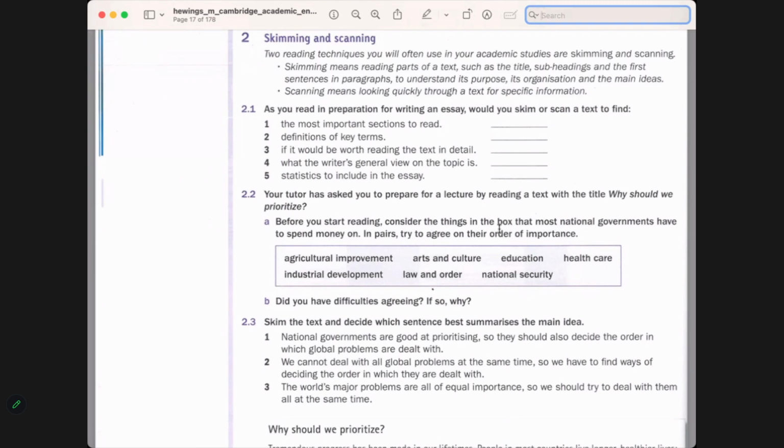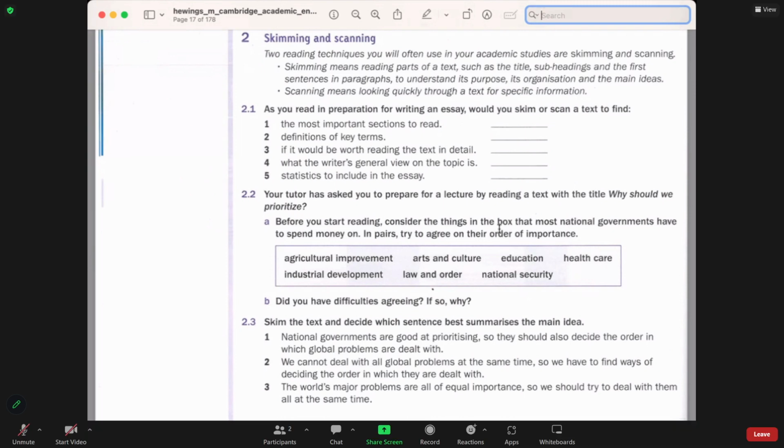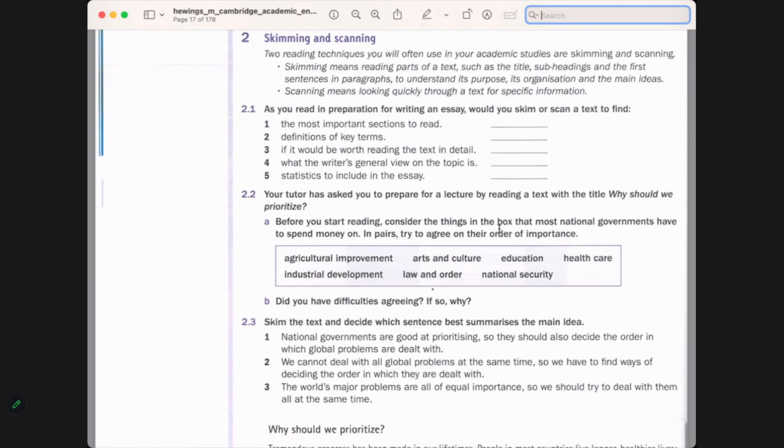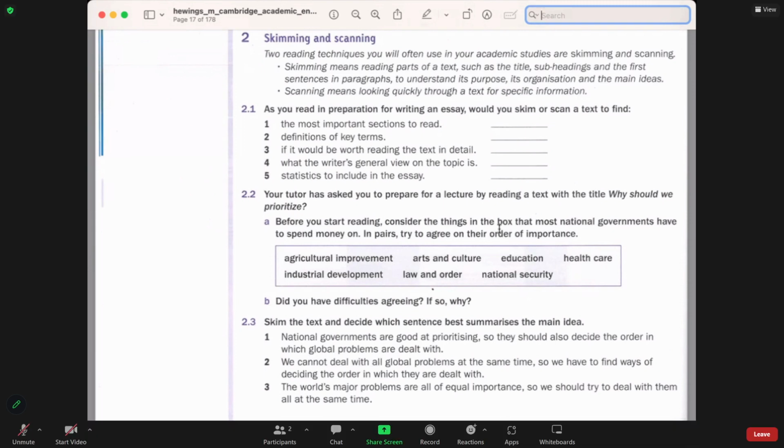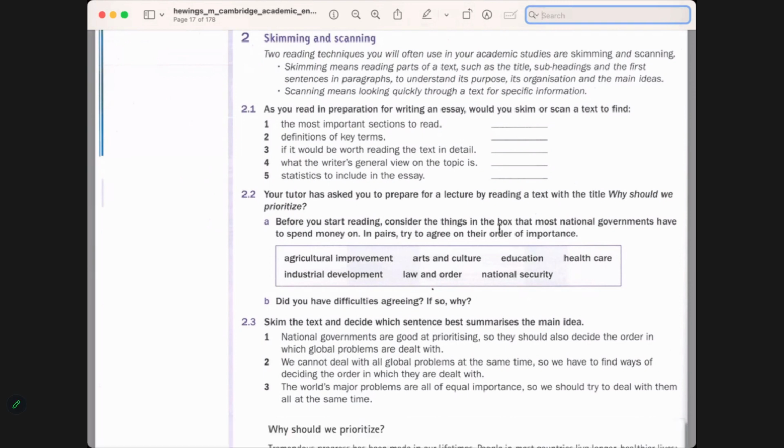No, like firstly, look through them and try to put them in order according to the priorities. So number one will be the most important, and the last one the least important.